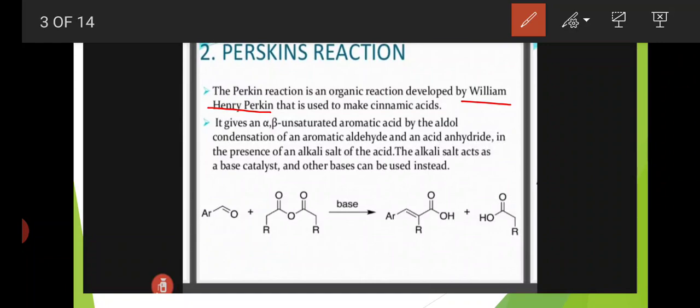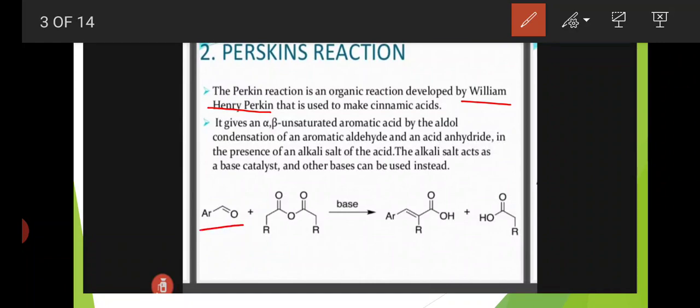This reaction is used to make cinnamic acids, and it gives an alpha beta unsaturated aromatic acid.